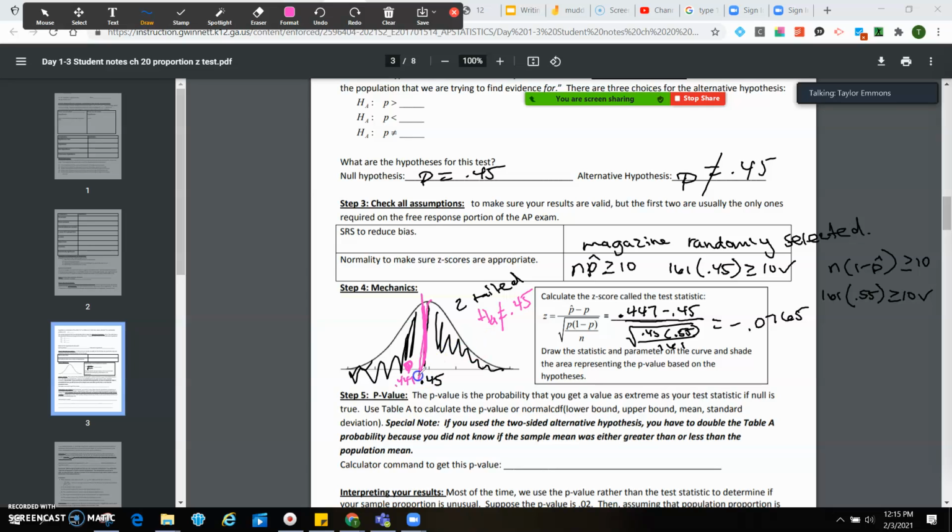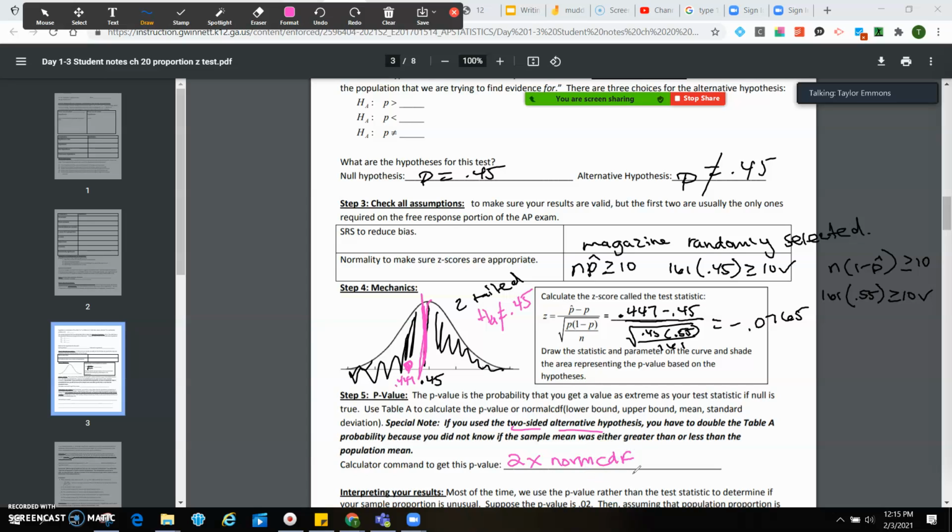Okay, so this is something really important. When you're running that two-sided alternative hypothesis, so when it could potentially be on both sides, you're going to multiply it by 2. So you're going to do 2 times the normal CDF.